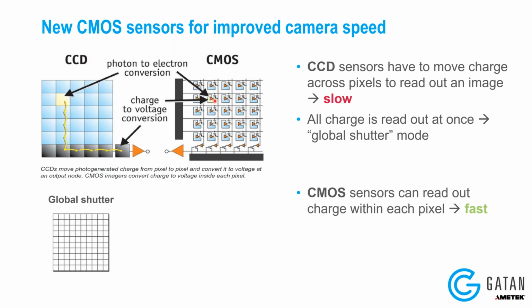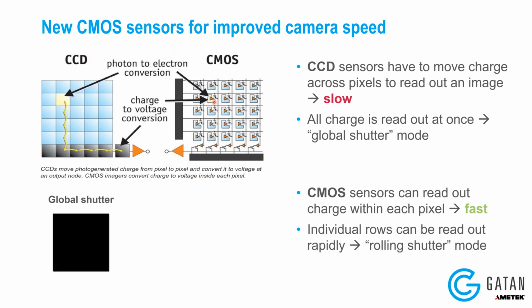It was a much more complicated pixel design with more transistors, and that meant that you didn't have to move charge around anymore before you could convert it into a digital signal and read it out. And so because you removed this slow process of moving charge around that you had with the CCD, with the CMOS sensor, you could read out pixels much, much faster.